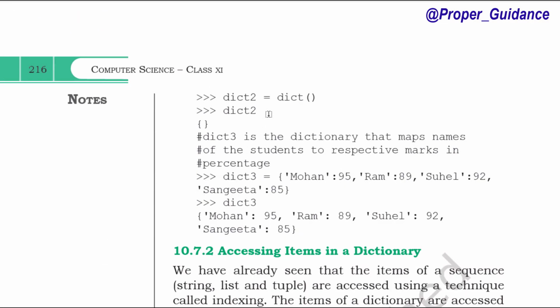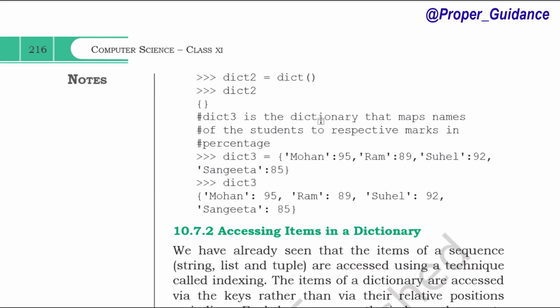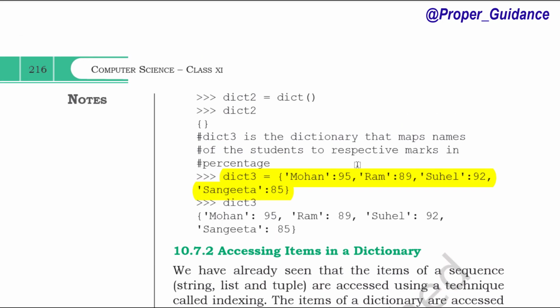See here, dictionary2 equals dict(). Dictionary3 is the dictionary that maps names of the students. See here, this is the ultimate line. Dictionary3, Mohan, this is in single quotes, colon is here, 95, comma.